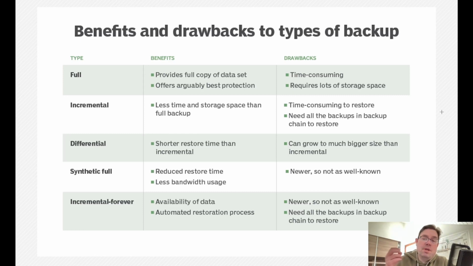You not only copy the database and the data, basically customer data, analytical data, but you copy the state of the web server, and the state of the database server, including the database itself. So that's a full copy, and of course it offers the best protection, because you can restore it, but it's very time consuming because it takes a lot of resources to make that copy happen. And because you make a full backup of everything, you need a lot of storage space.